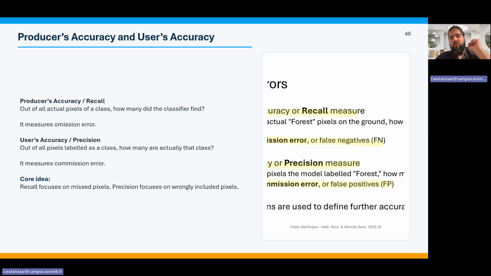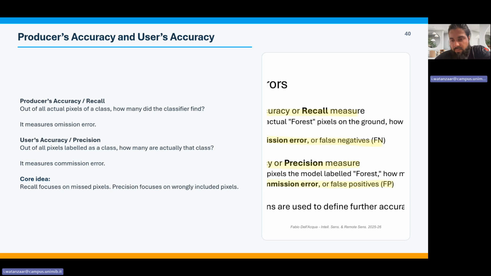In the opposite, the user's accuracy or precision is a discussion of precision out of all pixels labeled as a class. It is a little bit different from the above one. Above, it was out of all actual pixels of a class, but here it is out of all pixels labeled as a class. Take the example of unsupervised learning, which is data driven.